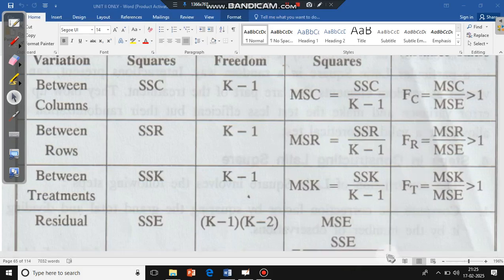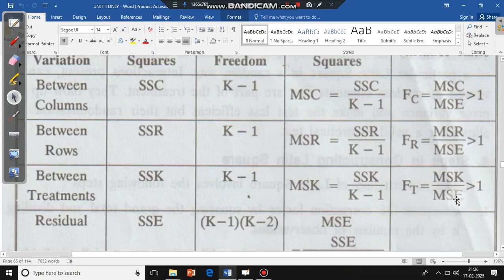and that will give you the calculated value of FC. Now a tabular value, as I already told you, if MSC is coming up and MSE is coming down, the corresponding value is k minus 1, and here is k minus 1, k minus 2. That way we have to write. Similarly, for F, if MSR is greater than MSE, then we have to find the tabular value of F by taking the numerator as k minus 1 and the denominator as k minus 1, k minus 2.